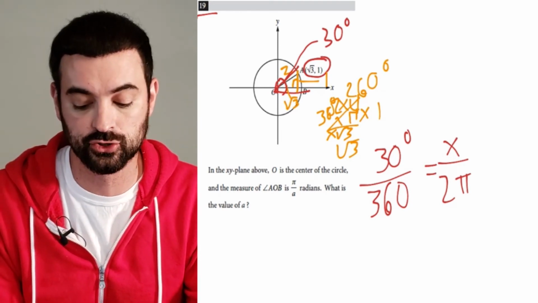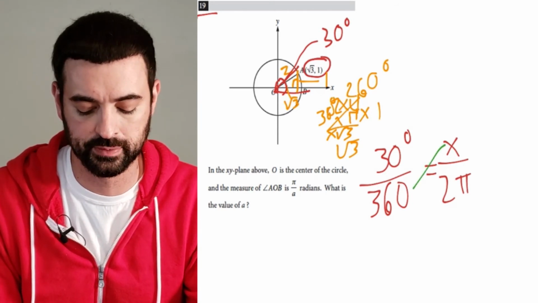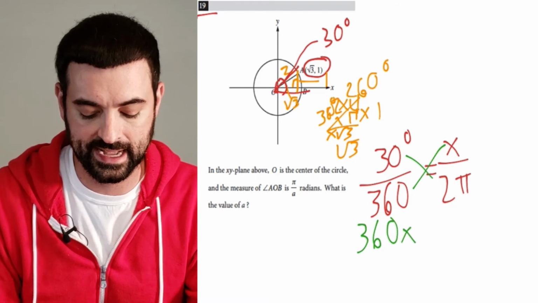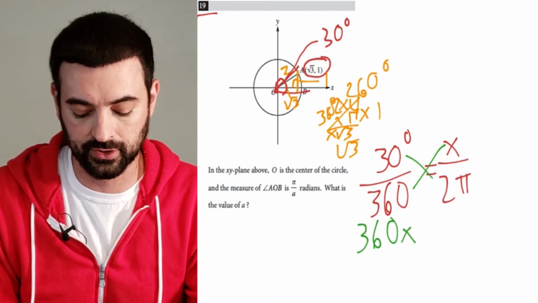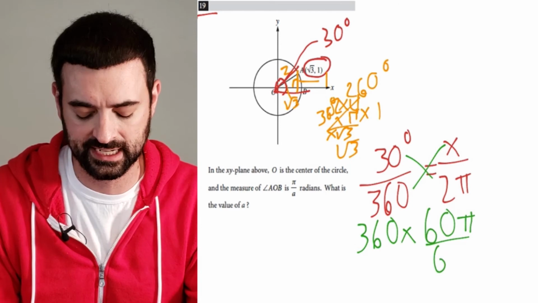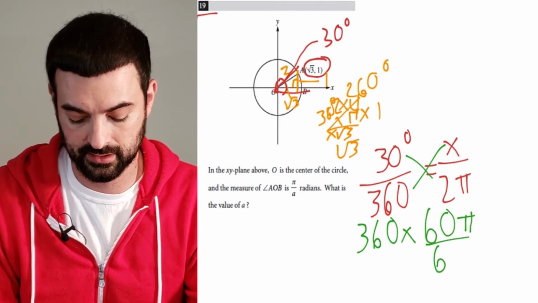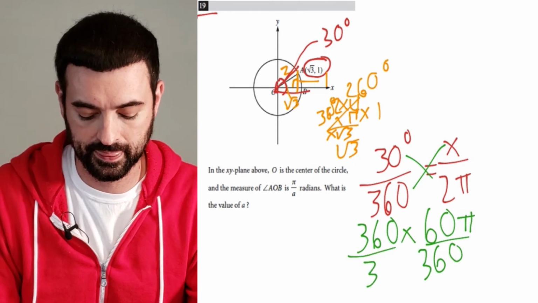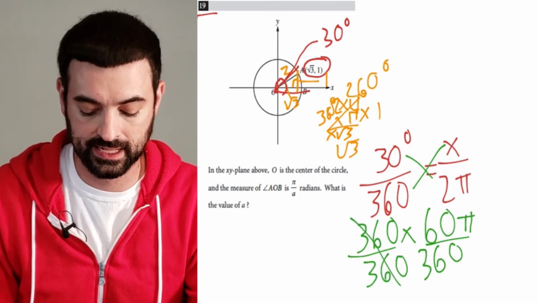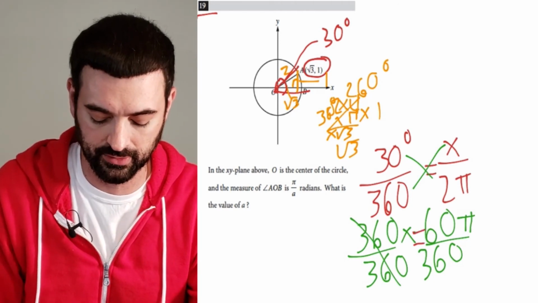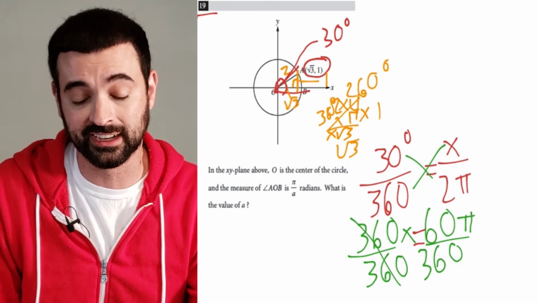Now we're just doing algebra. I'm going to cross multiply so that 360x equals 30 times 2 pi, which is 60 pi. There we go, 360x is equal to 60 pi.